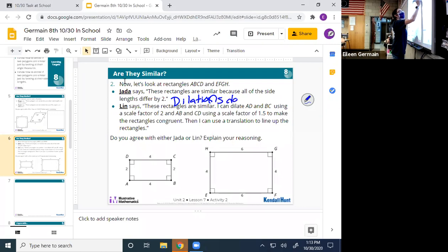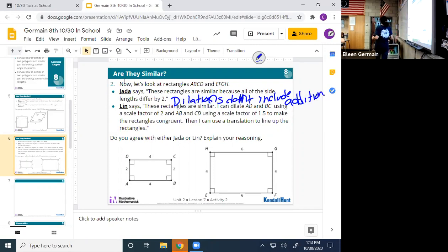Dilations don't, D-O-N-T, include addition. So you can't say that they're similar because you add the same number to each side length. That's not what a dilation is. A dilation is taking each of the side lengths and multiplying by a scale factor, not adding it. Good catch there, Alyssa. Thank you for bringing that up.